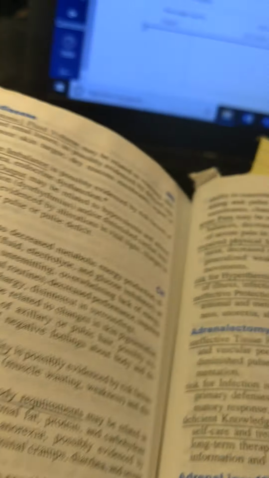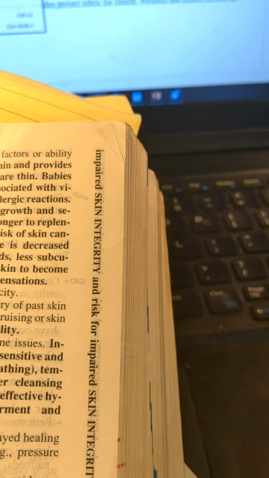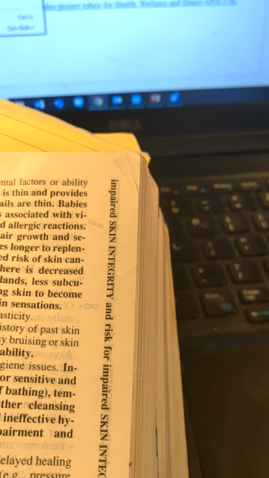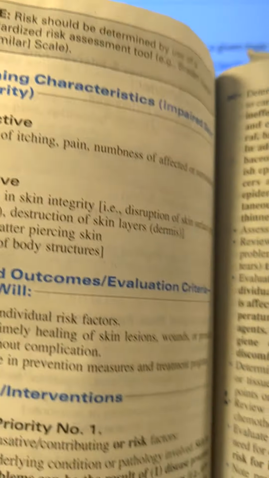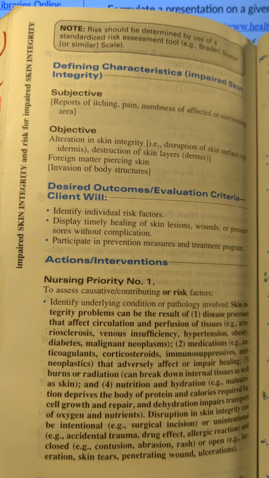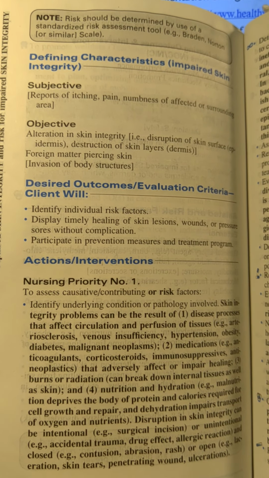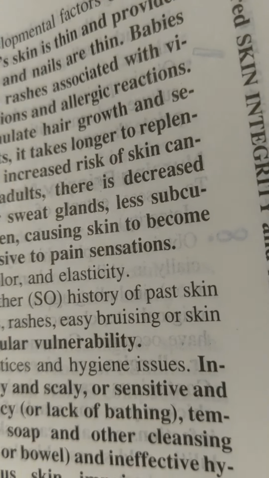Now the next thing is this. And the key way of looking at this from the student's viewpoint is, when you choose the actual nursing diagnoses, you have to have the defining characteristics. Like for example, I go to page 784 in the 14th edition, and I say impaired skin integrity.